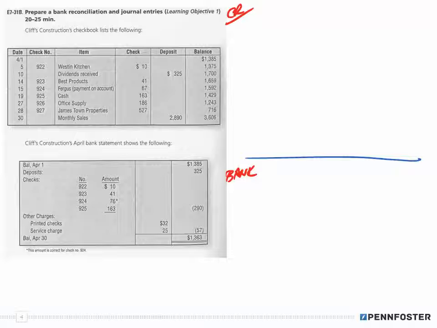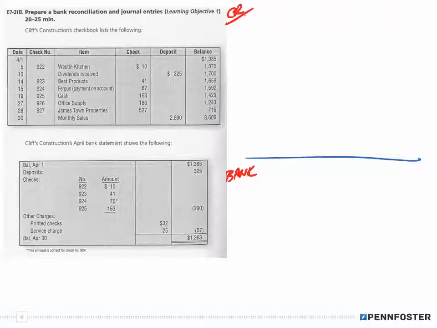So we have to start out with a beginning balance, and we'll work with the check register first here. We have to start with something, so we start with the ending balance.